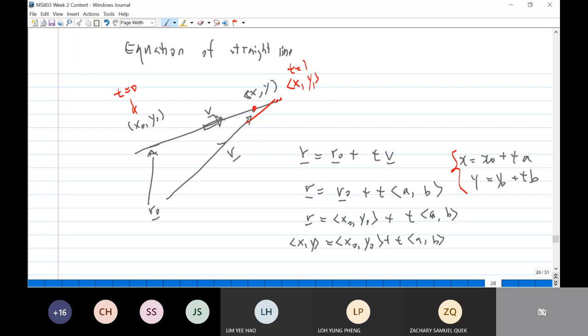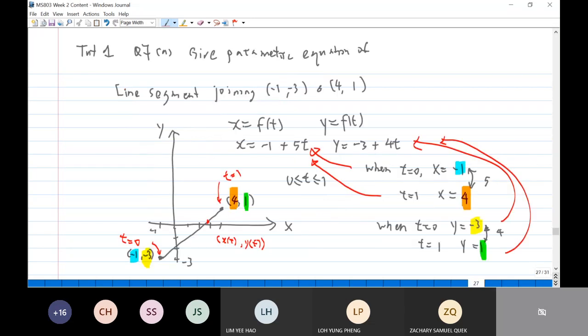So for example, the a in this case, you can see from the earlier example. Okay, the first point is x0, y0. This is x1, y1. So the a is actually 5. Okay, -1 to 4, the difference is 5.